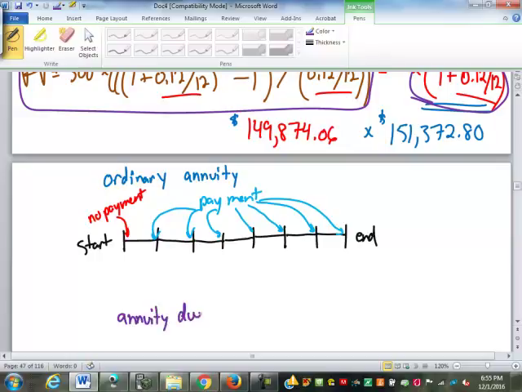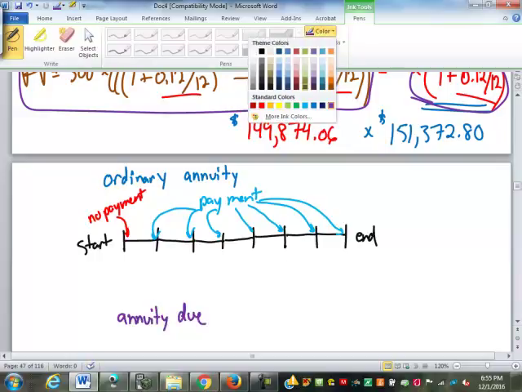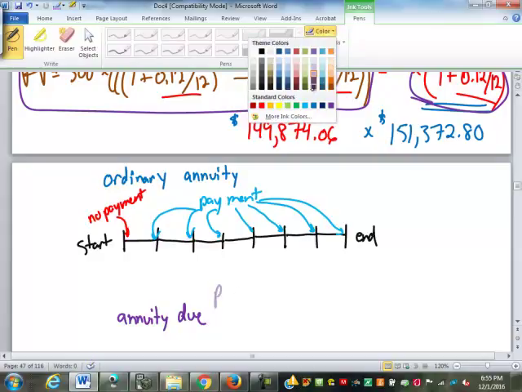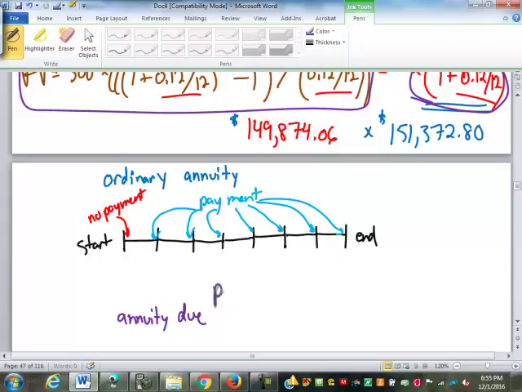And then the annuity due, payments are made at the beginning of each period. And there is no payment made at the end.